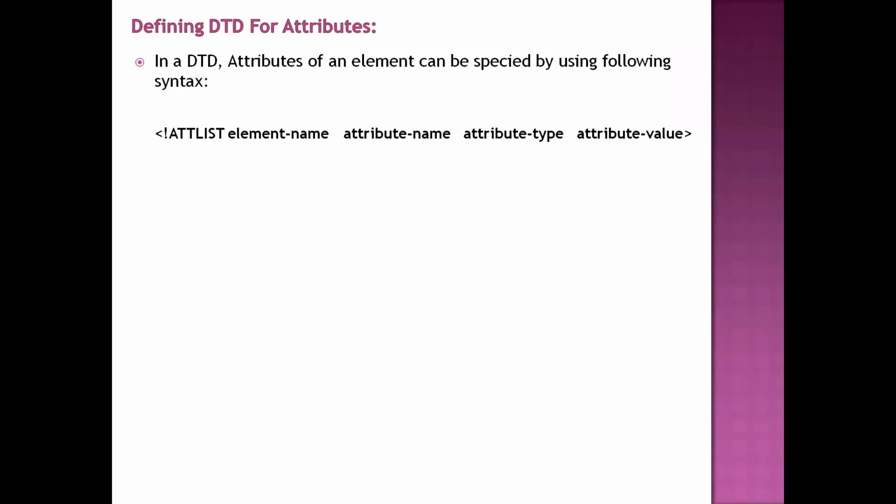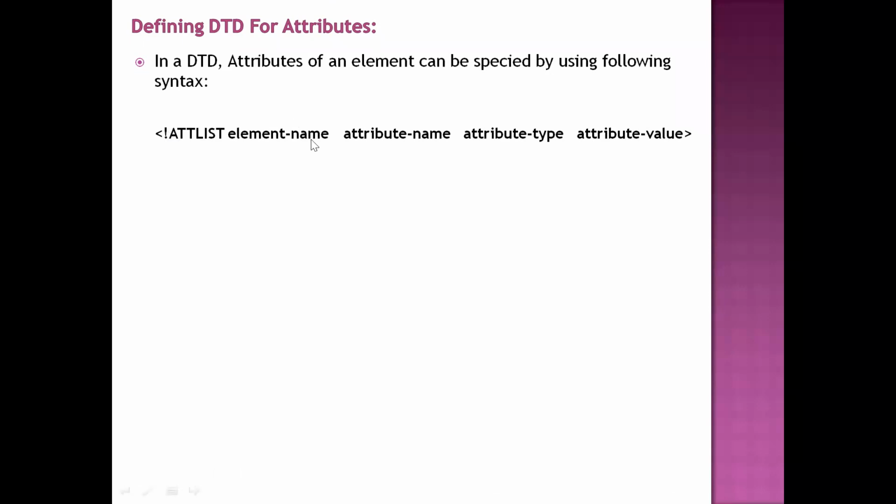In DTD, we have a separate tag for specifying attributes, which is defined by using the ATTLIST tag. It starts with the exclamation sign and ATTLIST. ATTLIST means attribute list, and compulsorily it should be in capital letters.